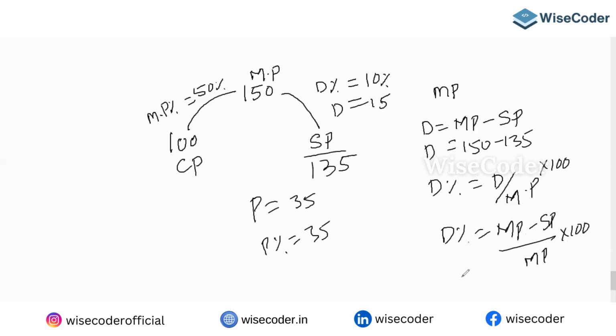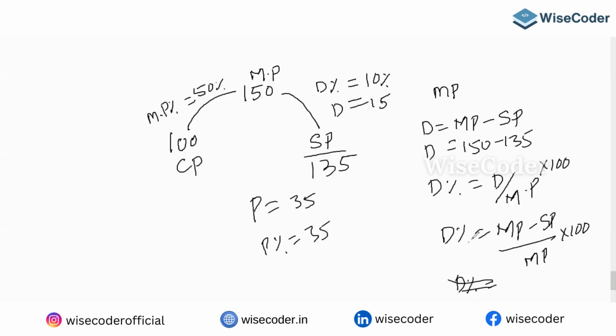The point here is that discount is always calculated only on market price. Discount means market price minus selling price.